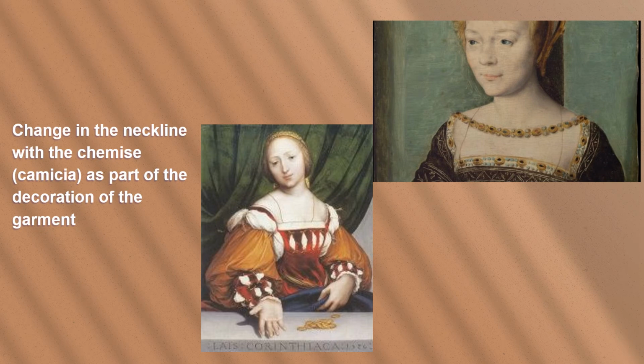And when two layers of the dress were obvious, the underdresses were fitted quite fairly, so the chemise was fitted pretty closely to the body, but it would be visible at the neckline and the sleeves and at the arms.